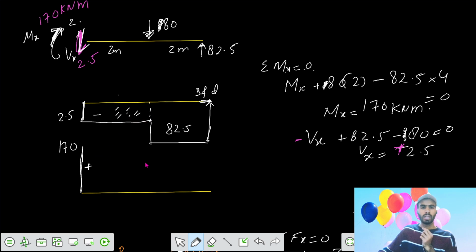Here the value would be 170 and the negative value of 2.5 into 2, which comes out to be 165. So the slope is varying only a little bit, because the variation is just 5 kilonewton meter, so your value here is 165.